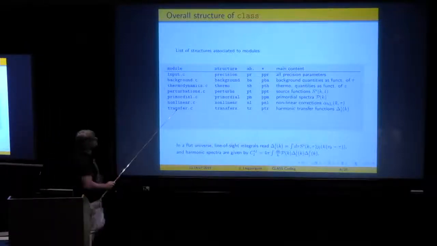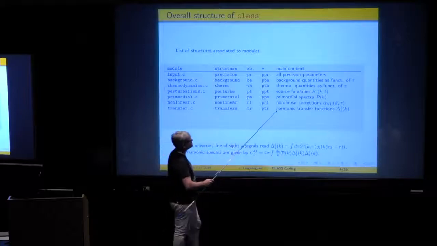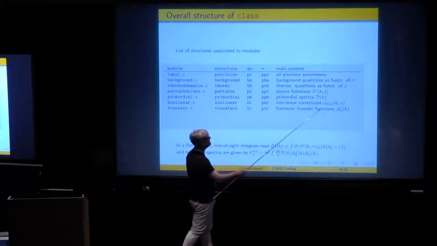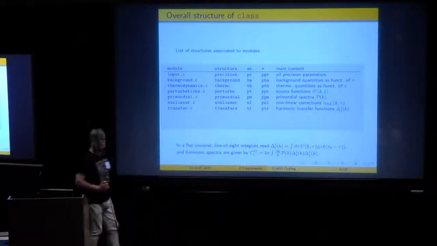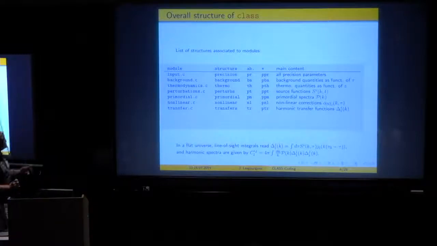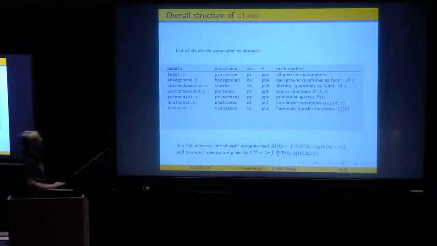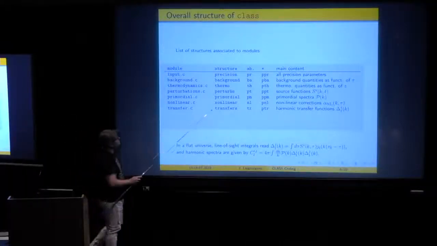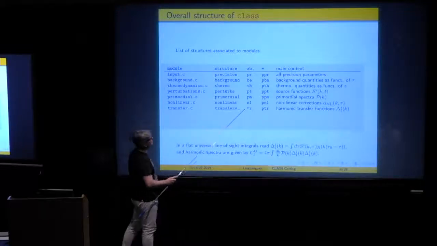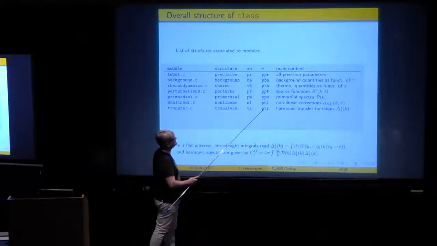Here it's called transfer because it was an abbreviation for the harmonic transfer function delta L, but there are different types of transfer functions throughout the code. I think it's a bit of a mess, and maybe we will improve some names and some syntax at some point. So transfer.c uses a structure transfers, abbreviated TR, with a pointer PTR.